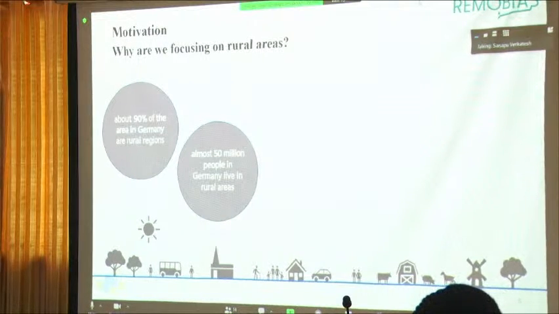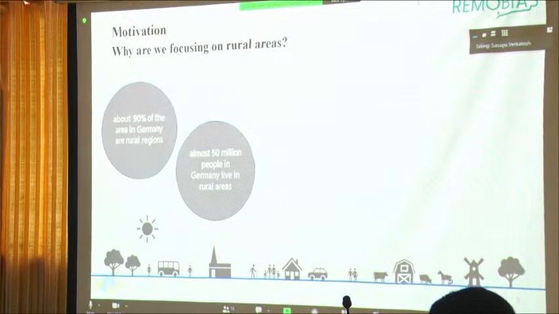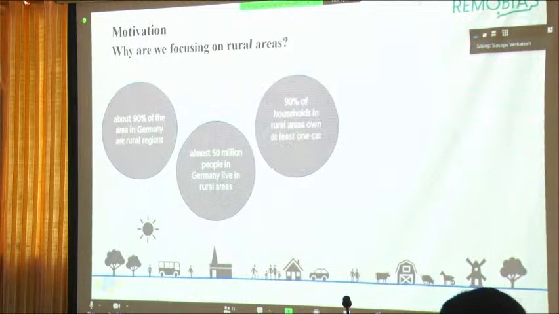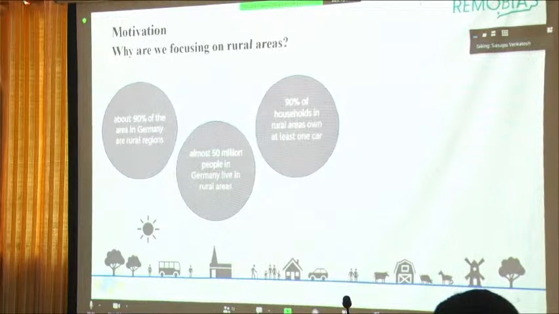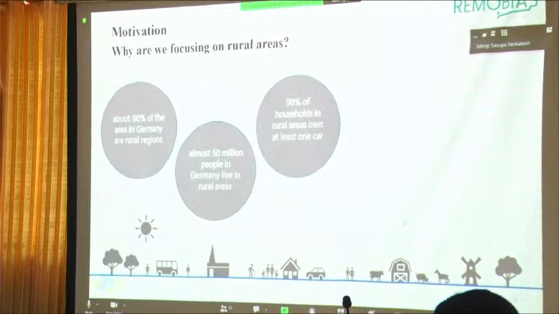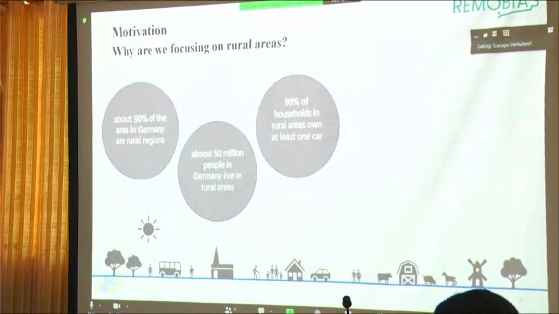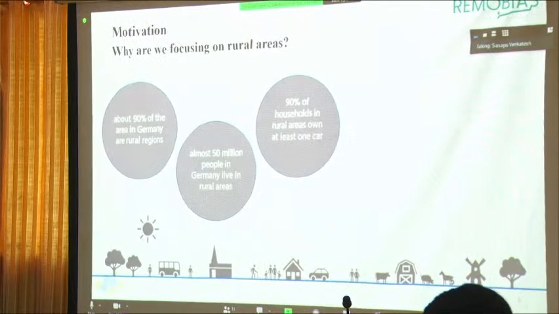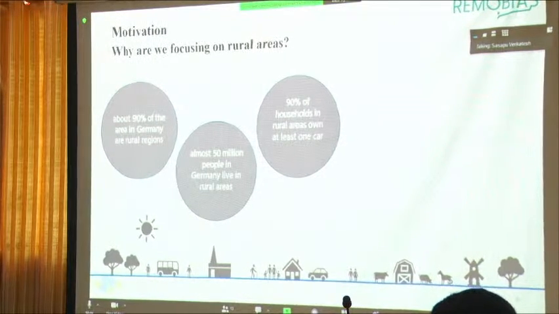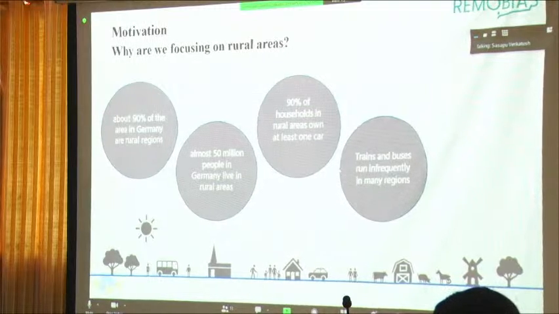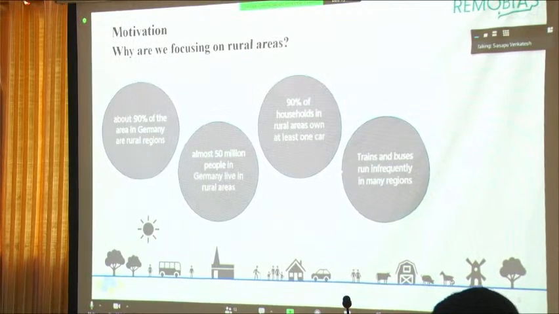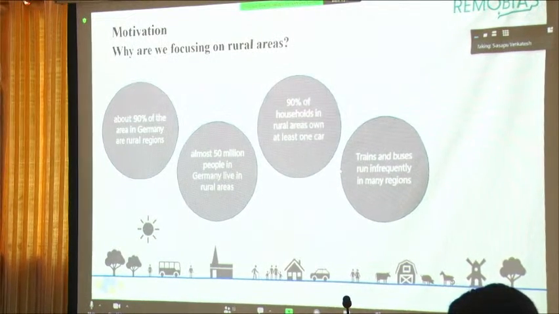Almost 90% of the people living in the villages have their own car, whereas in the villages, train and bus connections are not so frequent.